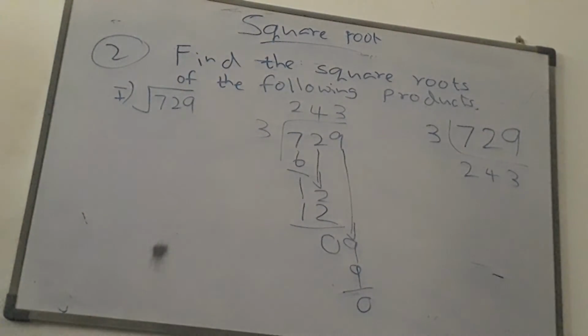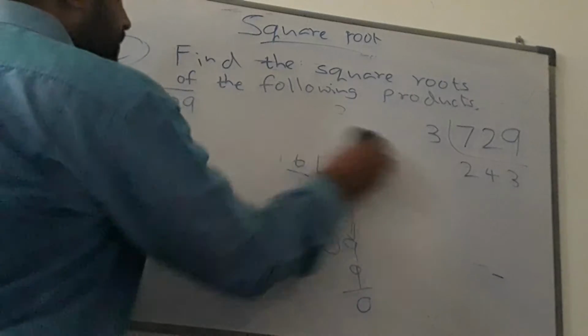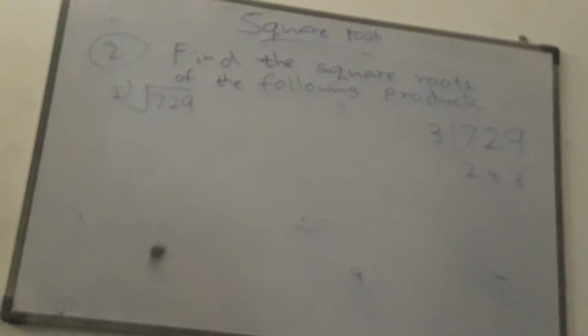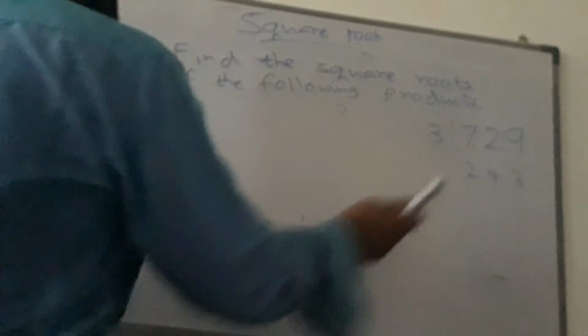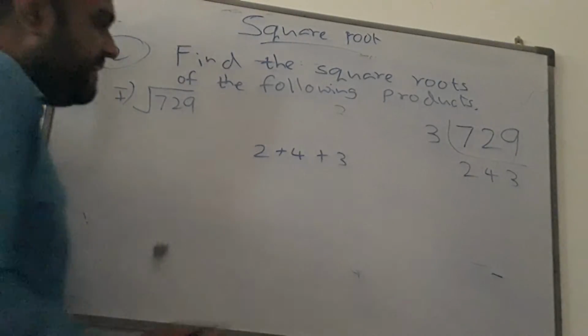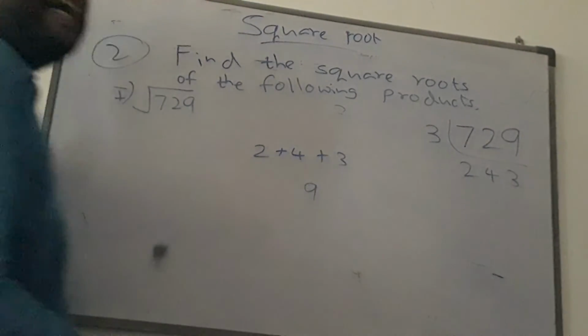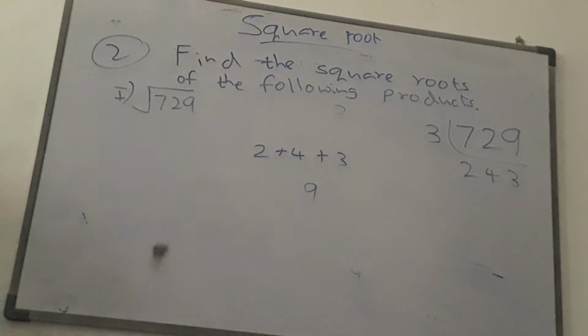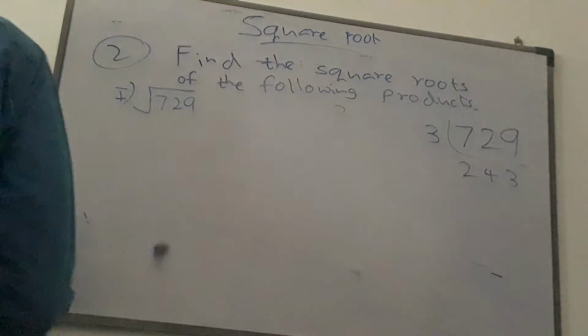Now we have to find whether this particular number is also divisible by 3. Digital root yet again. 2 plus 4 plus 3. 2 and 4, 6. 6 and 3, 9. So 9 is also divisible by 3. So we can divide 243 by 3 as well.